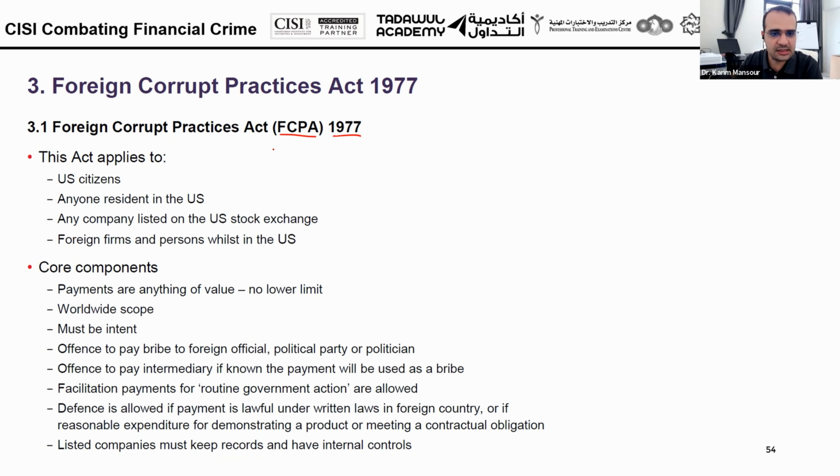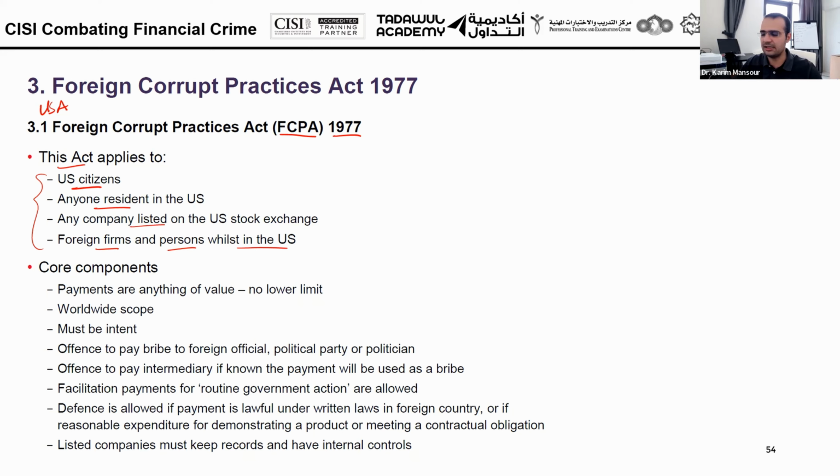So who does this law apply to? So let me just put it here, the US FCPA. The act applies to US citizens, anybody who lives in the US, any company listed in the US, any foreign firms and persons while in the US. So you'll notice that the UK Bribery Act, first and foremost, is way more far-reaching than the US law.